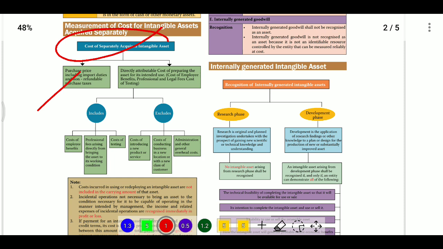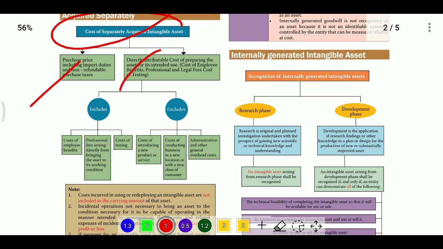Directly attributable costs include import duty, purchase tax, legal fees, professional fees, customization cost, testing cost and employment cost, which we need to add. We need to deduct expenses like cost of training, conducting conferences, advertisement, premier expenses, administrative, general and operating expenses. These are all excluded.